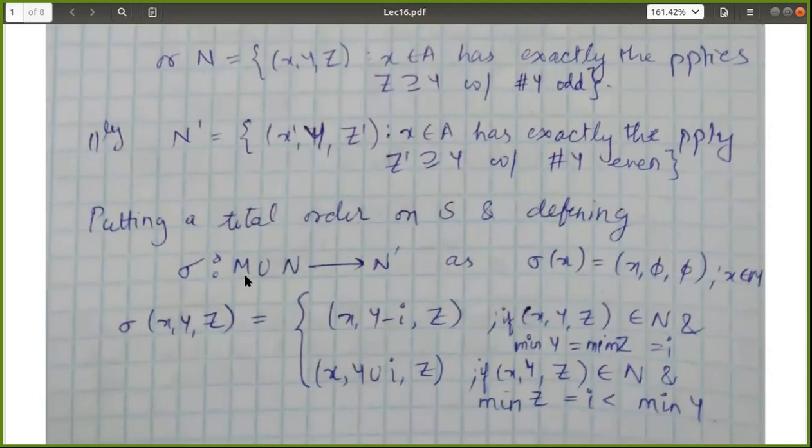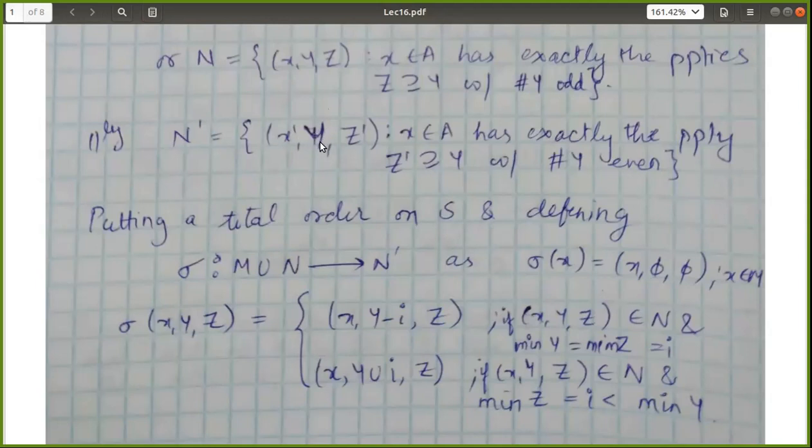Okay, so firstly, if you deal with elements in M, then any such element x should be sent to x, empty, empty. Is this part clear? So x, empty, empty. So first of all, this is where your y coordinate comes in your N prime.